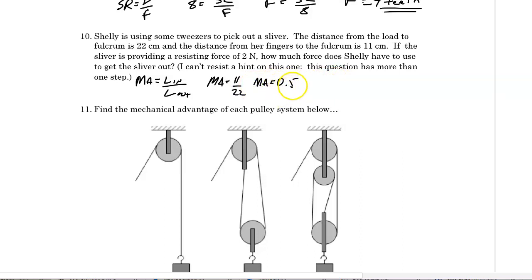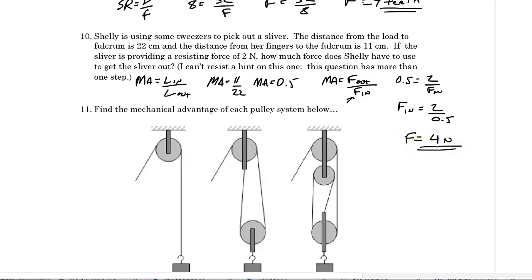Now that we have the mechanical advantage, we can use it to find the force on the input, which is what we're looking for. So 0.5 is equal to 2 over the force on the input, or force on the input is equal to 2 divided by 0.5, which means it's 4 newtons of force.